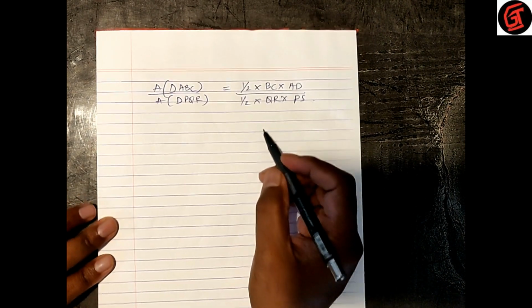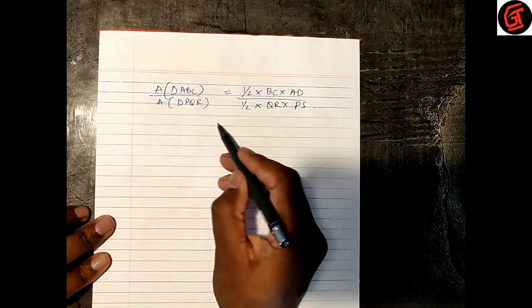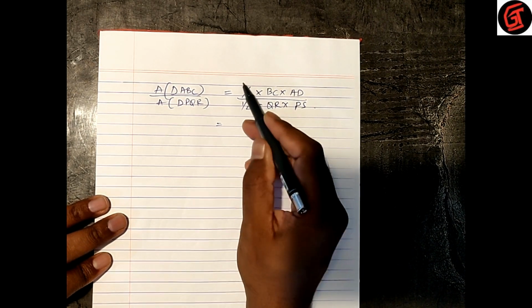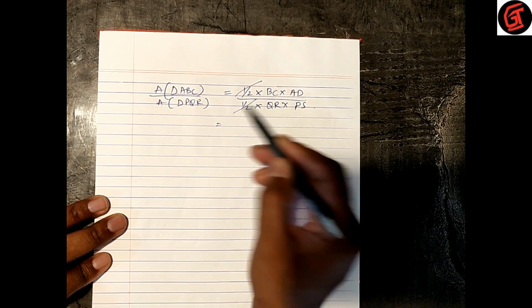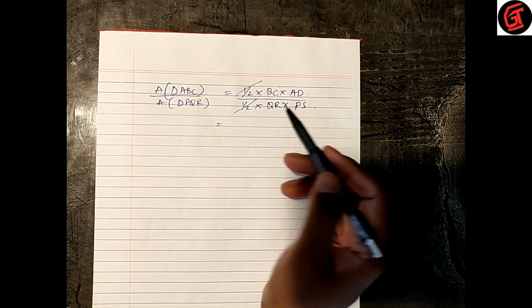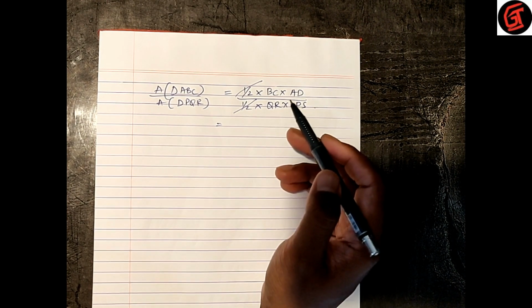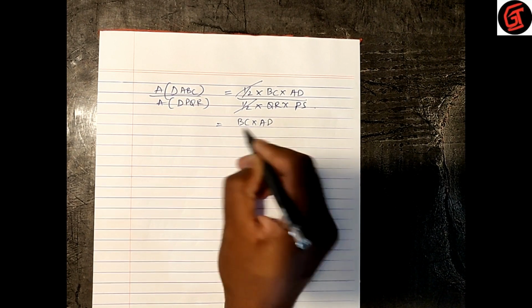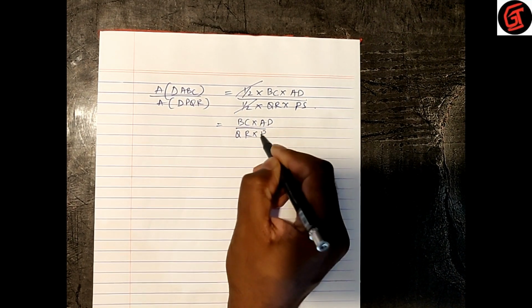Now, in a simple calculation, the half on top and the half on the bottom get cut. So what remains is BC into AD upon QR into PS.